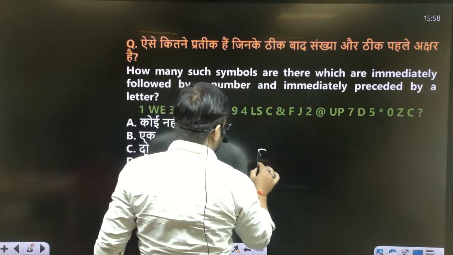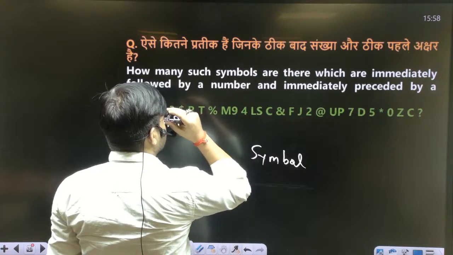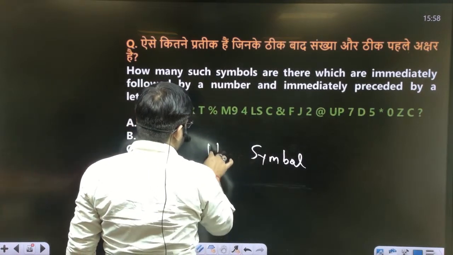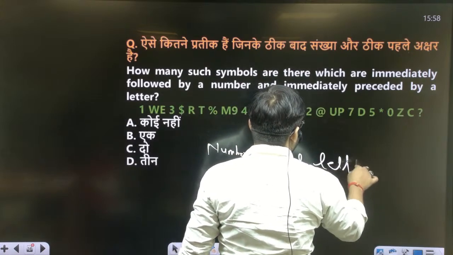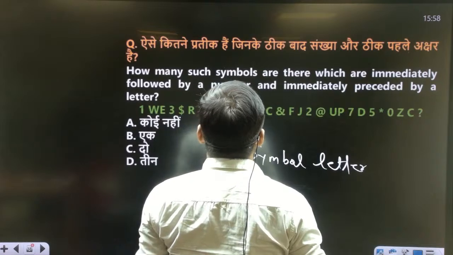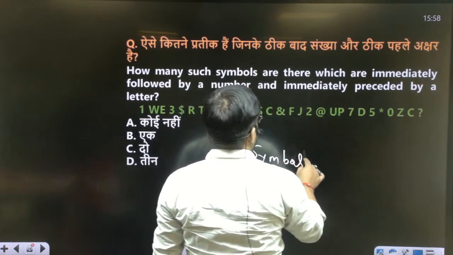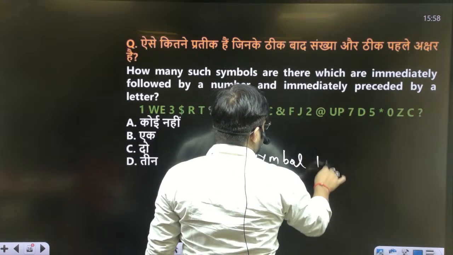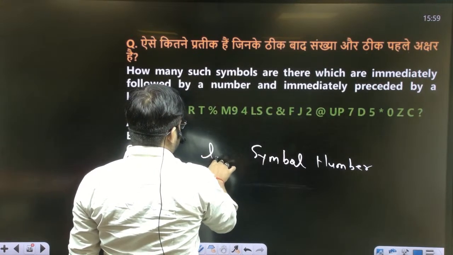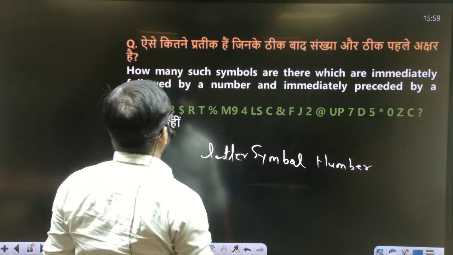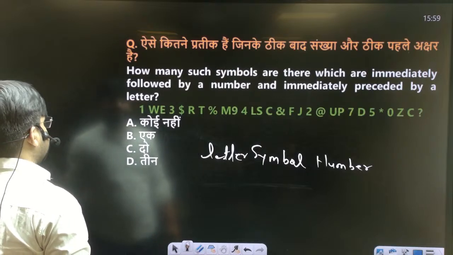How many such symbols are there which are immediately followed by a number and immediately preceded by a letter?